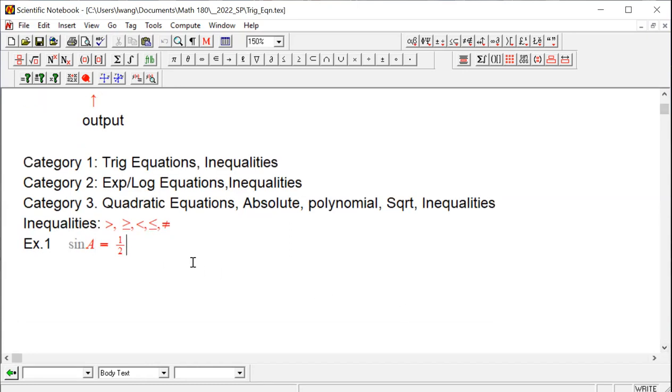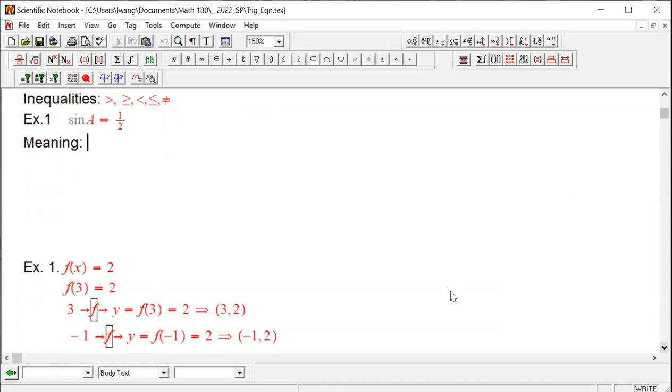First we want to understand what it means, so that's what we always talk about. I'm sure this question is pretty simple for many of you, but there are some very important points we need to make here. Number one, what is the meaning?